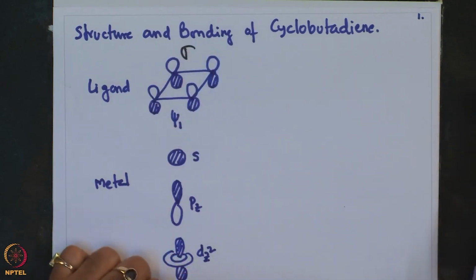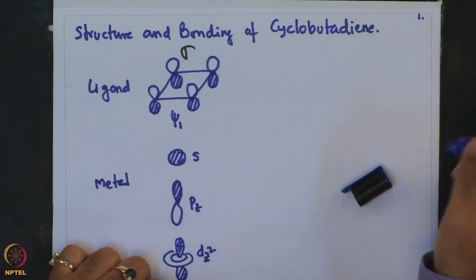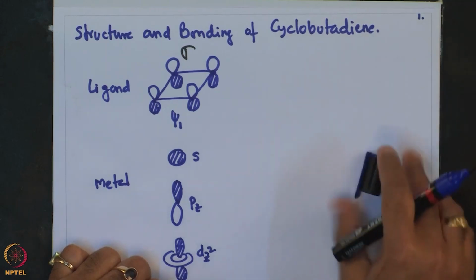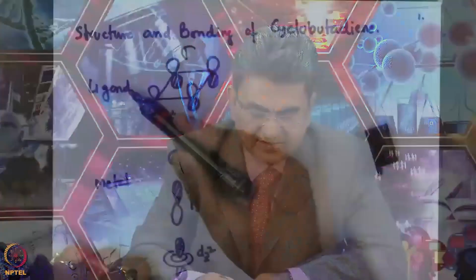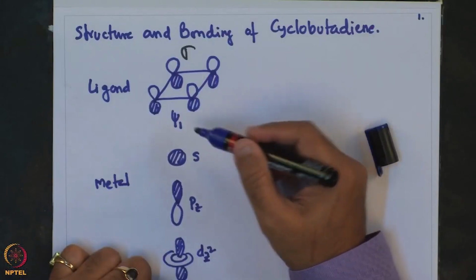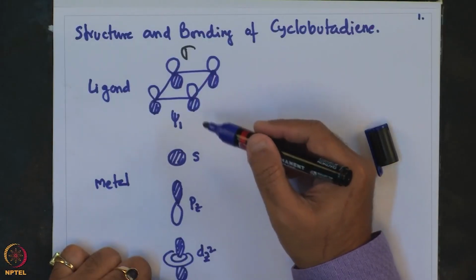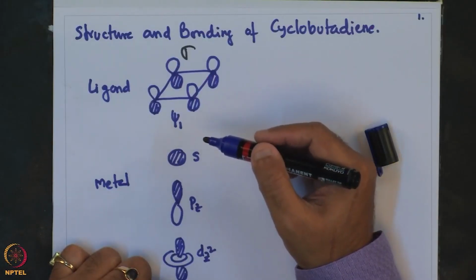Now, a sigma interaction is an interaction whereby at the internuclear distance of the interacting atoms, in this case the ligand and the metal, the electron density should be the highest or maximum.